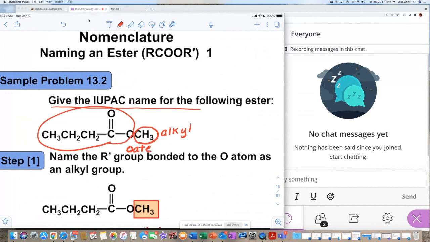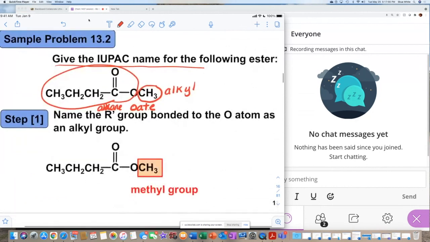Okay, so I'll just say you're going to name it like an alkane, and then replace it with ate. I feel like that's a lot easier than to name it as an acid and then name it as an ate. That makes it just very complicated. Okay, so the alkyl group we have here is going to be, of course, the methyl. They show that to us over here. This is called the methyl group. We've just named this part here as methyl, 1 carbon methyl.